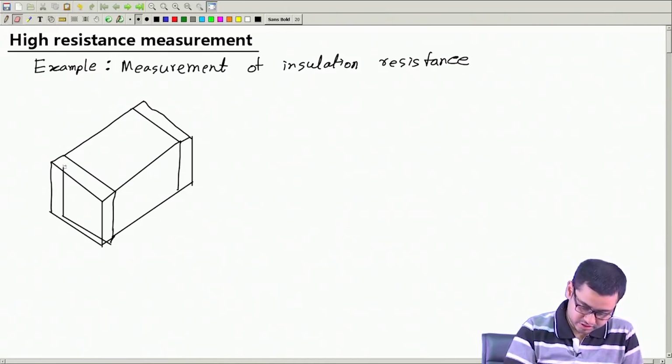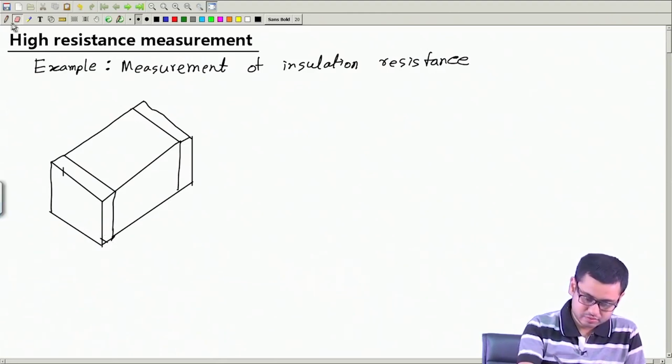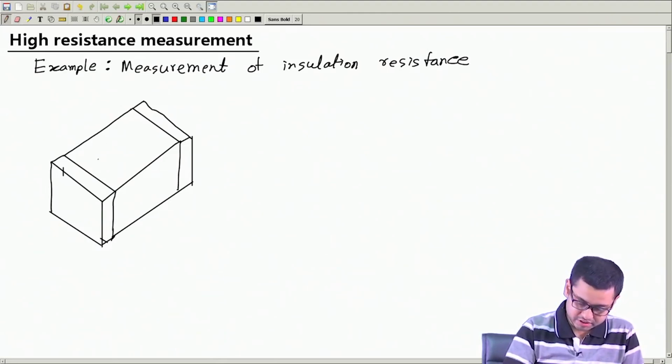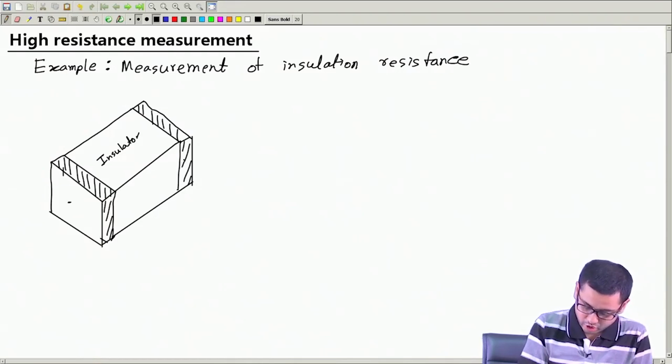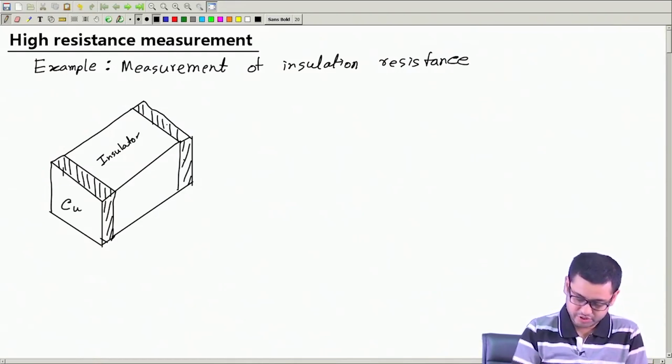Okay. So, let me erase this. Okay. Now, so this is insulator and this is conductor, maybe copper. Okay. So, say this is copper and this is some insulator.